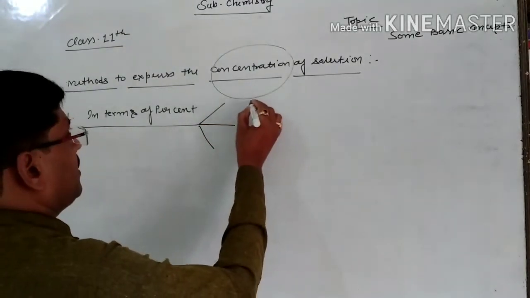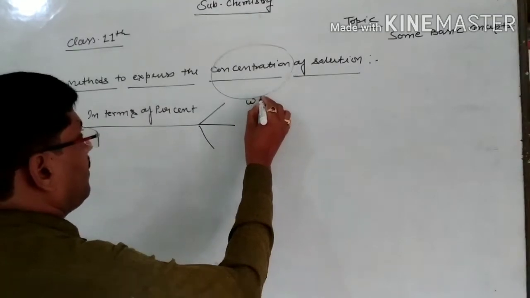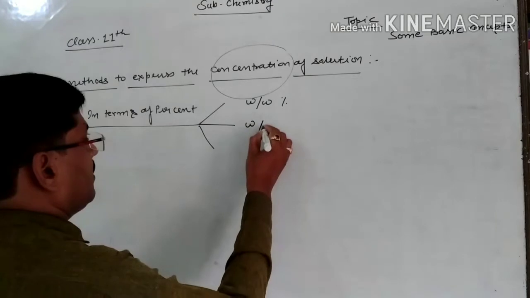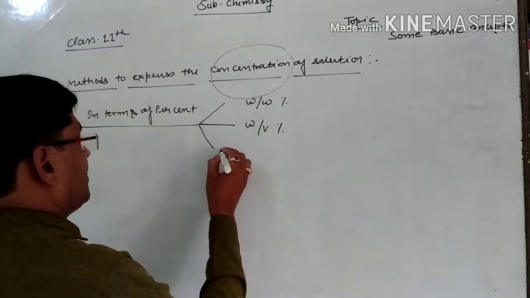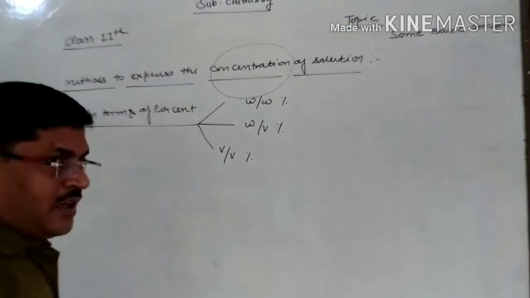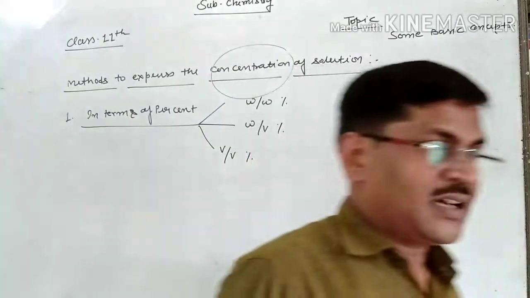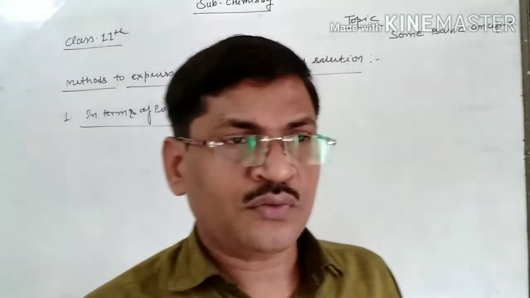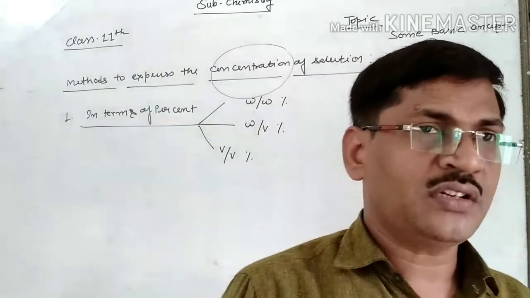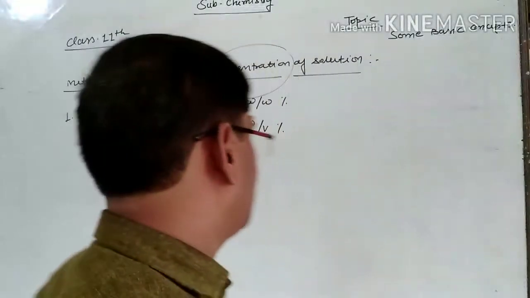Sometimes you have seen W upon W percent, or W upon V percent, and the third one V upon V percent. It means in terms of percent, the amount of solute present in a solution has three methods.